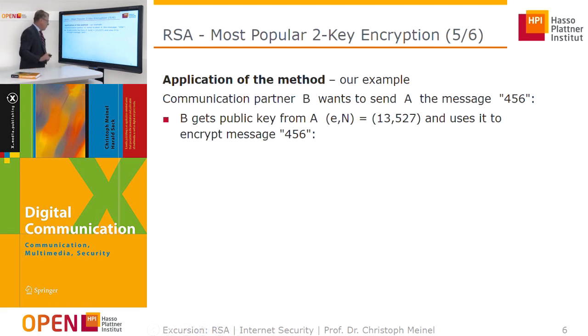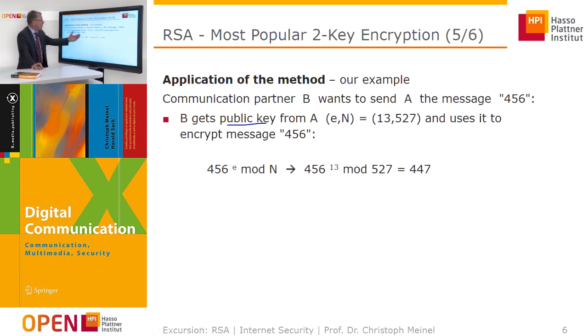What is B doing? B wants to encode this message so that A is able to read it. So B is taking the public key from A, this was 13, 527, and uses this to encrypt the message.